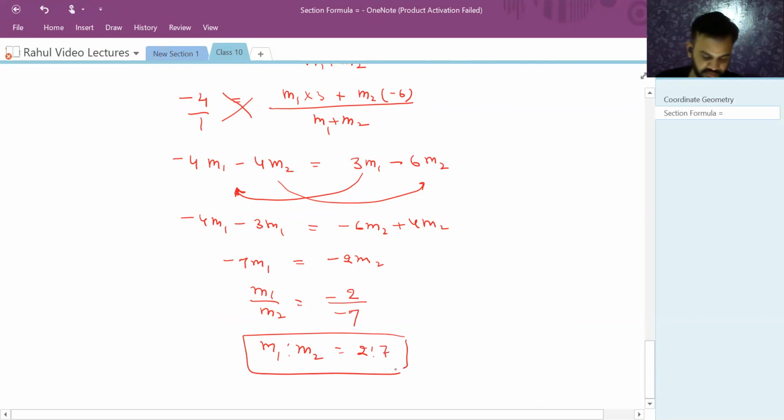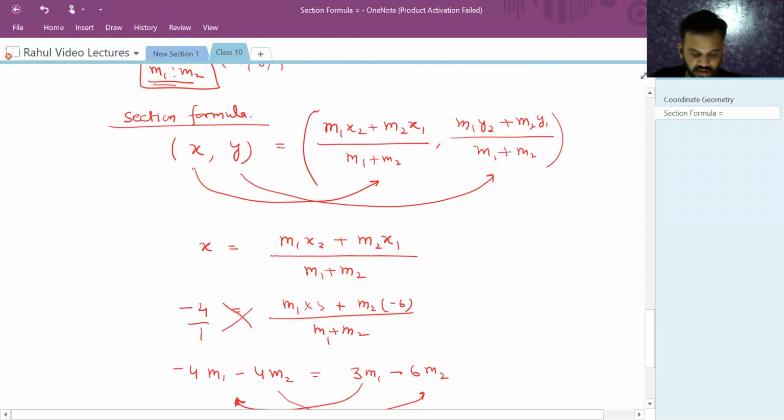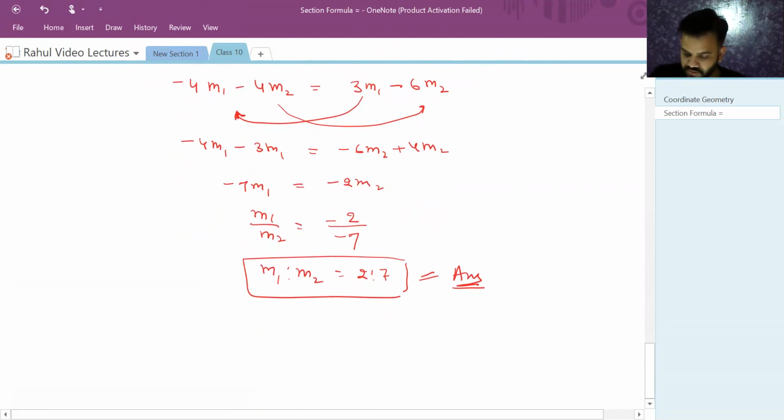Okay, we can do this type of questions. Okay, these are ratios. We can do using any one formula, x or y. We can do this type of questions another way.